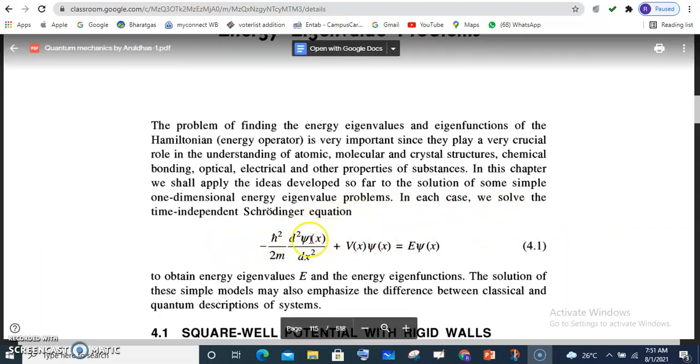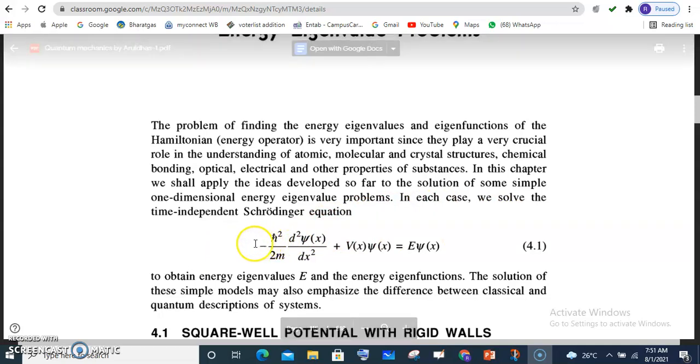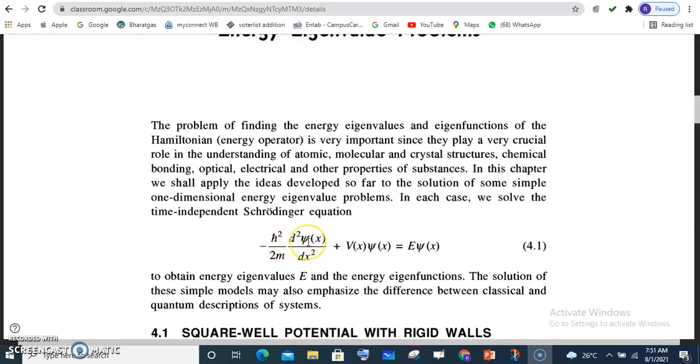You can just look at equation 4.1. Equation 4.1 is the time independent Schrödinger equation. As you can see, the left hand side gives the Hamiltonian operator.